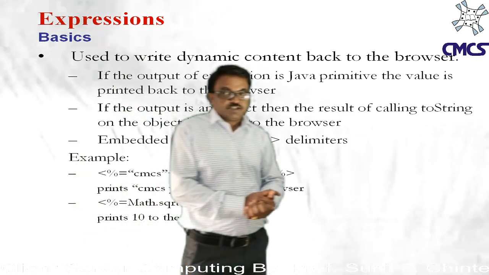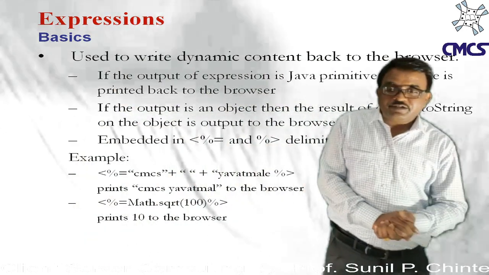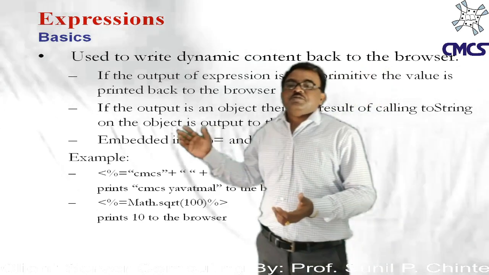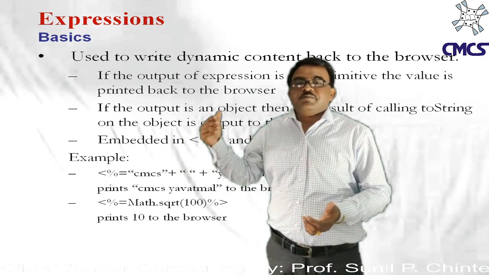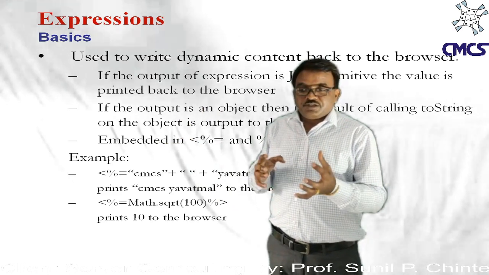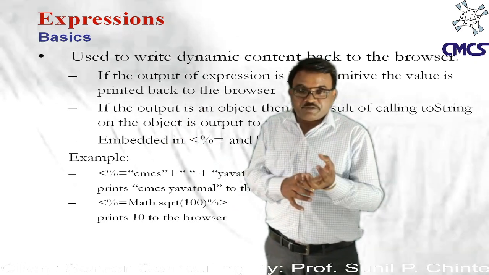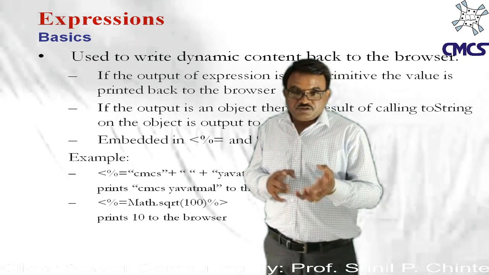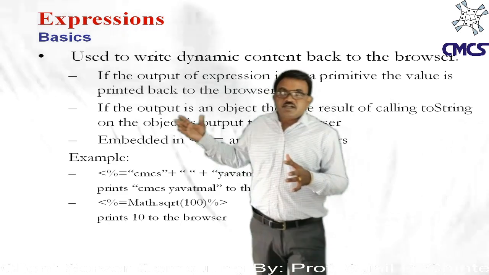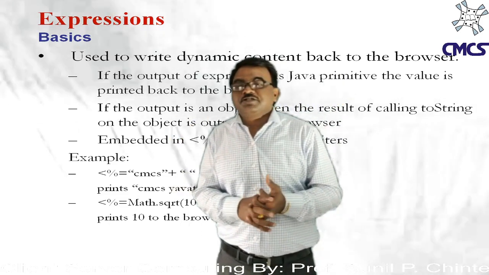Then the expressions. Okay, next element, that is the expressions. Expressions are used to write dynamic content back to the browser. Means if you want to give the output of any expression back to the browser, then we can use this expressions element.